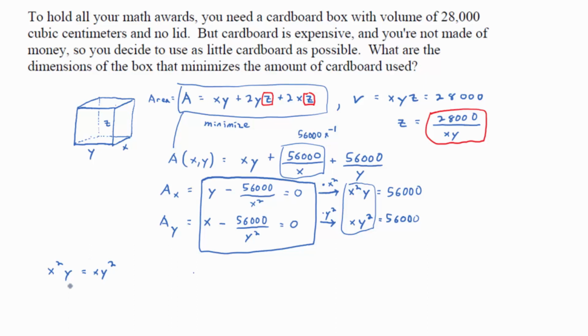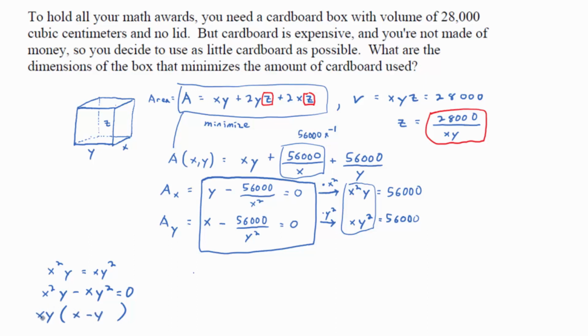Now, if we wanted to, we could divide out the variables here, but it might be just as easy to think in terms of factoring. So if I set this equal to 0 by subtracting x y squared from both sides, what could I factor out? x and y, and I'm not interested in that factor x times y. But I am interested in what's inside. What do I get? x minus y.